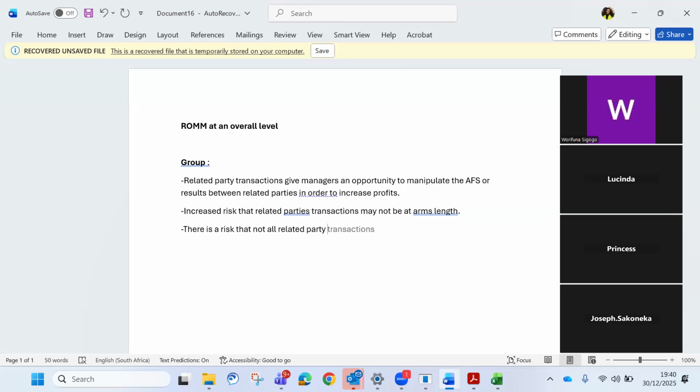It might be that they are not disclosed, or are not all identified or disclosed. Remember, the client is the one that needs to disclose this in their AFS, right?